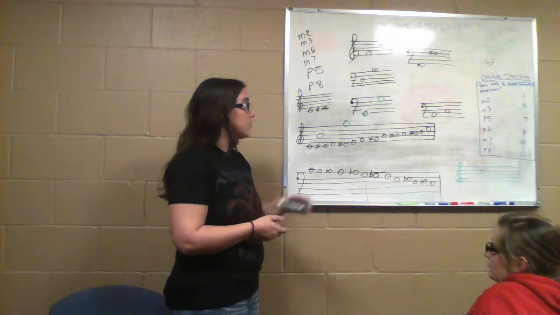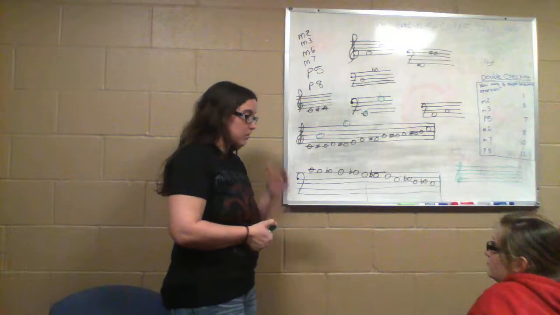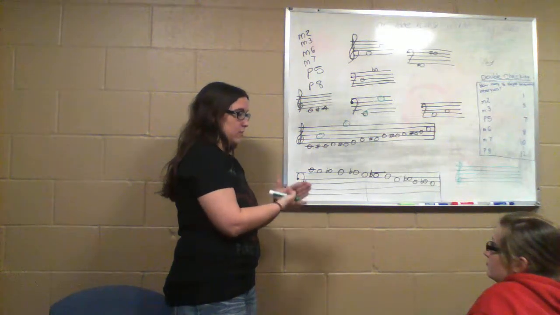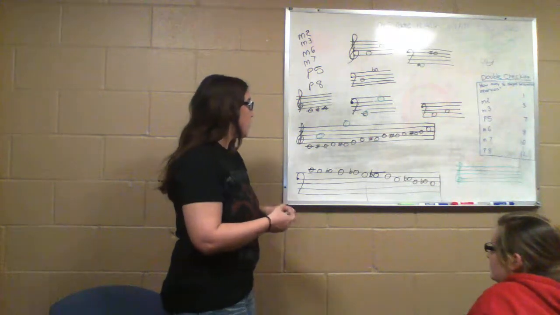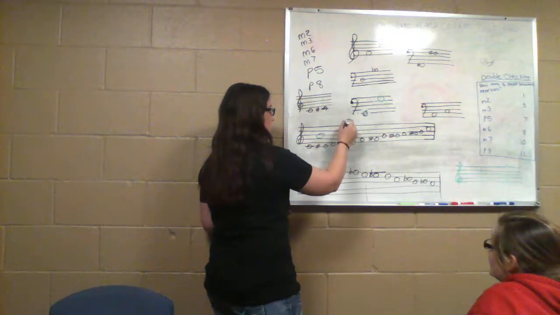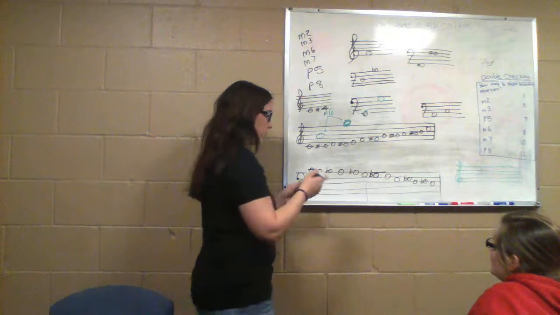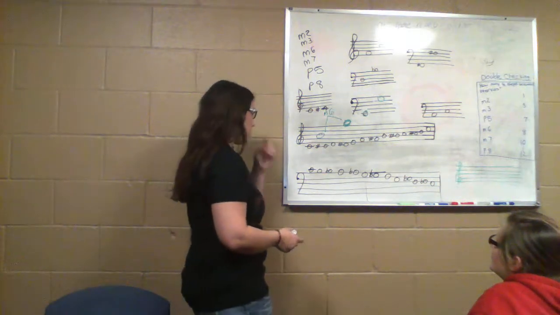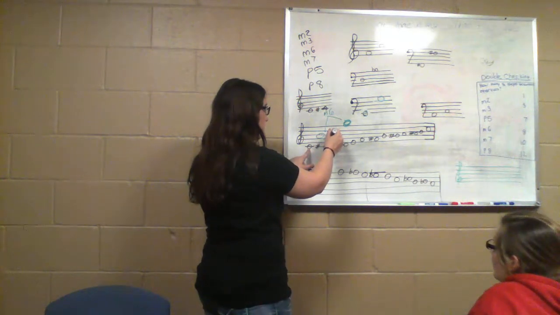Or you can do a double checking method and count how many half steps are between the first note and the second note. So if you think from a B to a G is a minor 6th interval, but you're not sure, you can always think about half steps. So you can go from B to C is 1 half step.